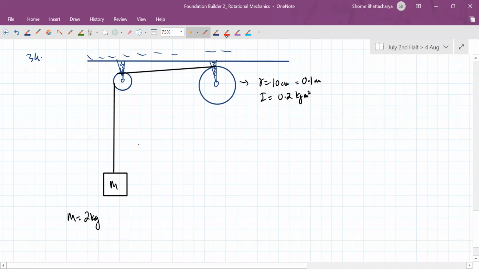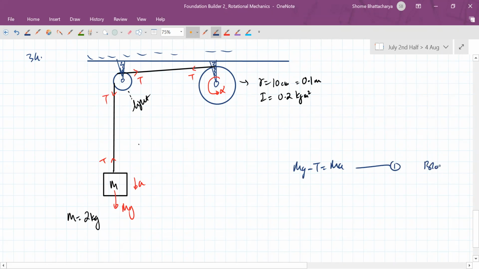Whereas this is a light pulley, so the tension on both sides of it will be the same, because its moment of inertia is 0. So it doesn't matter whether it's rotating or not. This tension will create angular acceleration here, and this block's weight will create linear acceleration here. So the free body diagram of the block will show us that mg minus T is equal to mass into acceleration.